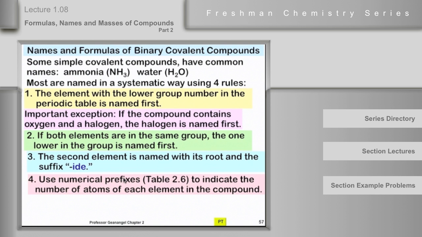Last, we use numerical prefixes to indicate the number of atoms of each element in the compound. Now, the reason that we have to do that here, and we didn't do it in naming ionic compounds, is that there are no simple rules for determining what the connectivity of a nonmetal atom is in a covalent compound.